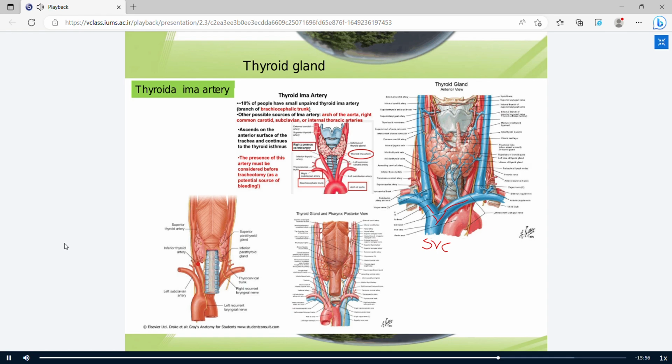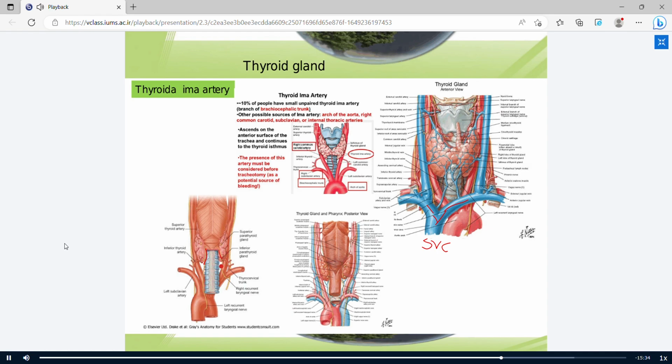Some patients need a thyroidectomy to remove the thyroid gland. The surgeon must be careful because of the relationship of the thyroid gland with the recurrent laryngeal nerve.